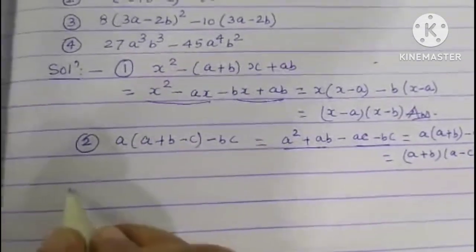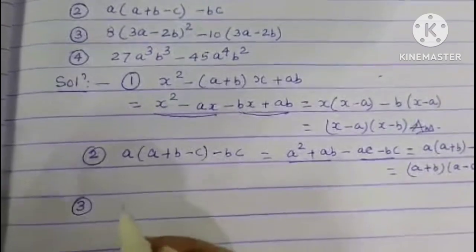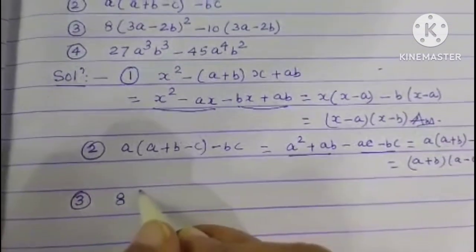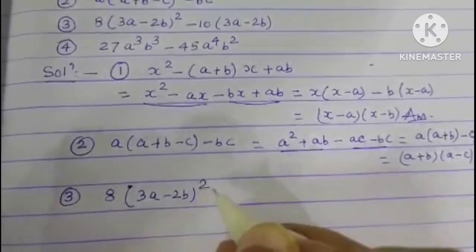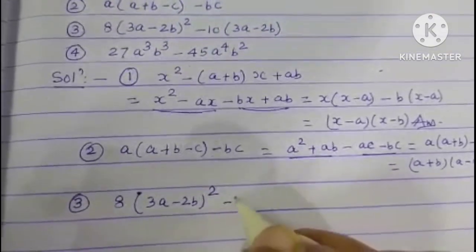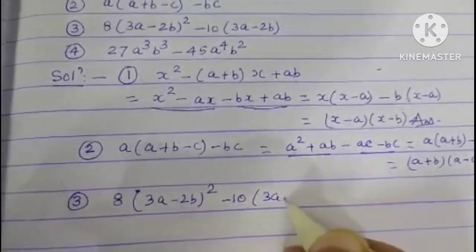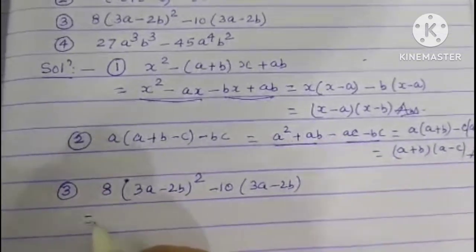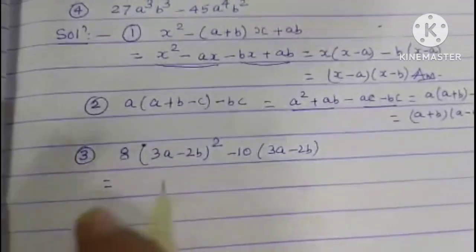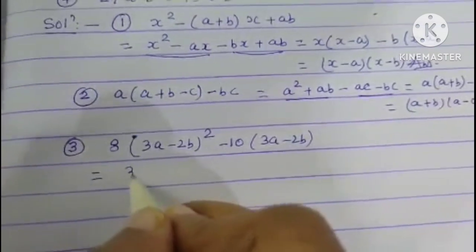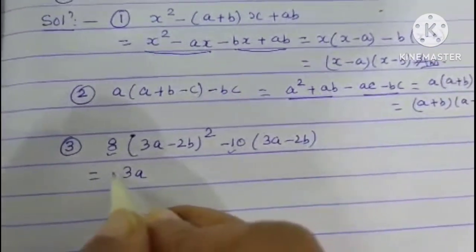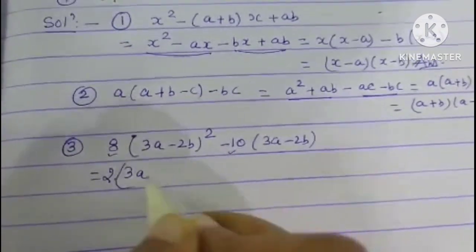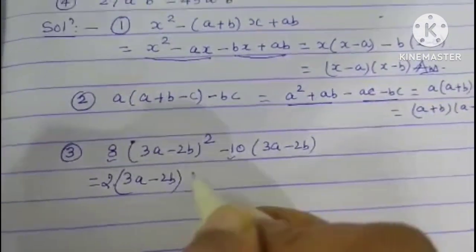Okay, let us check the third one. 8(3a − 2b)² − 10(3a − 2b). This is the type 1 method. We can take directly factors. For 8 and 10 we can take 2 as a factor, and (3a − 2b).